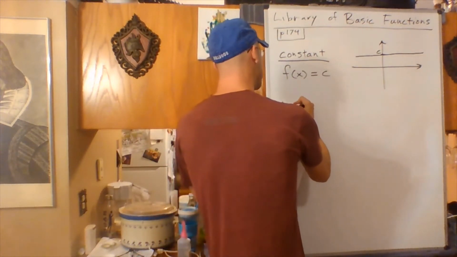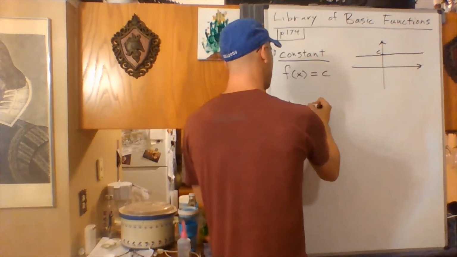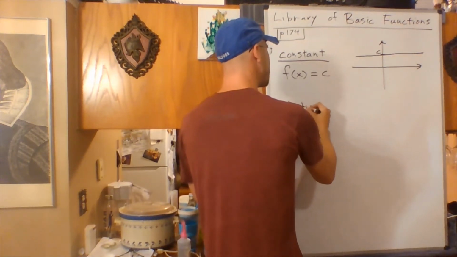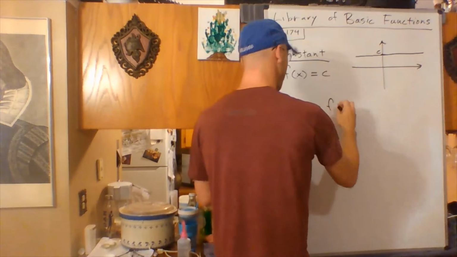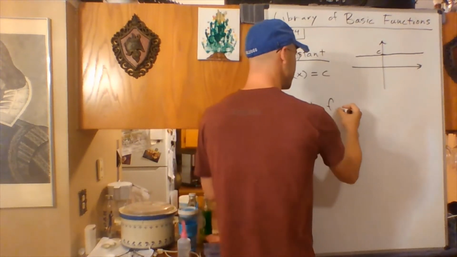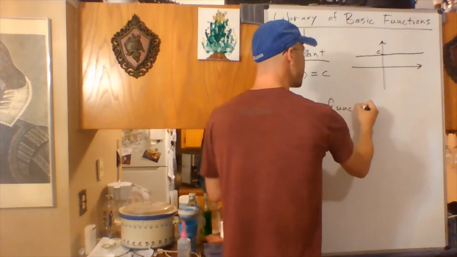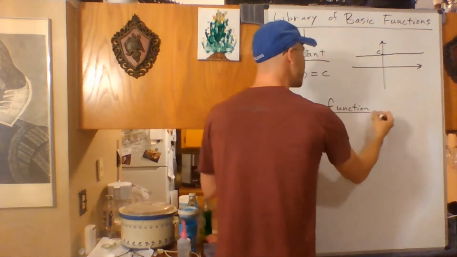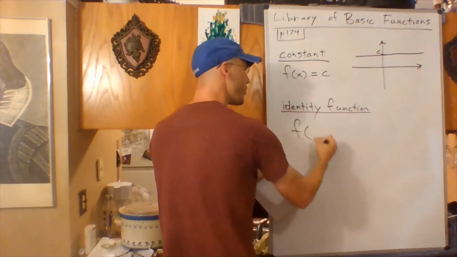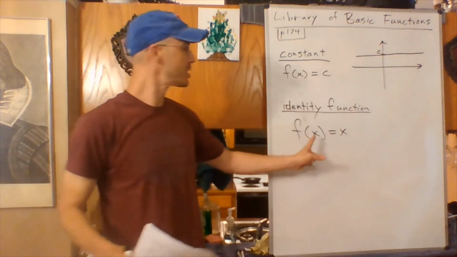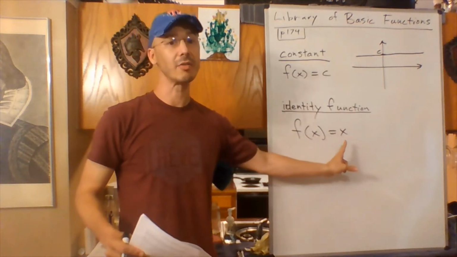Another simple function, a function that has a very simple graph at any rate, is the identity function. The identity function has the formula f of x equals x, which means whatever I put into the function, I get exactly that out of it.